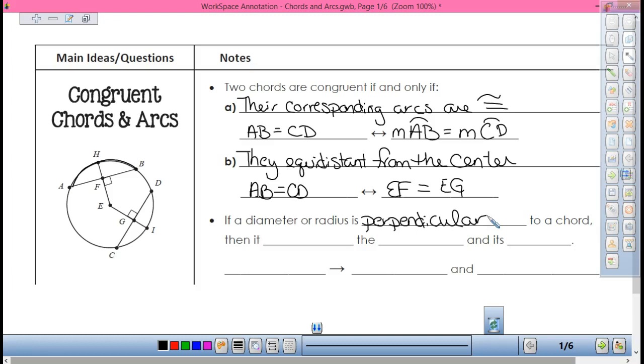It's definitely something we should know. They intersect at a right angle or form a right angle, yep. Okay, so if the diameter or radius is perpendicular to a chord, then it bisects the chord and its arc.